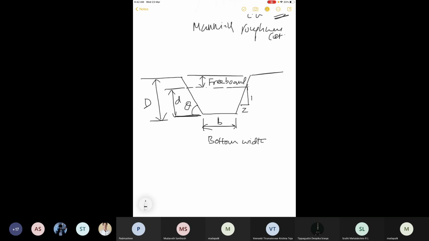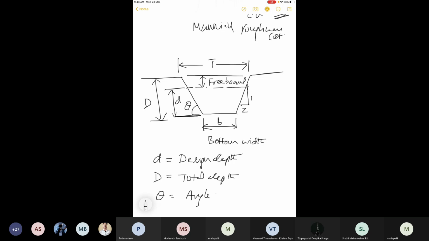And this is the top width after considering the freeboard. So small d is the design depth, capital D is the total depth, theta is the angle of side slope.